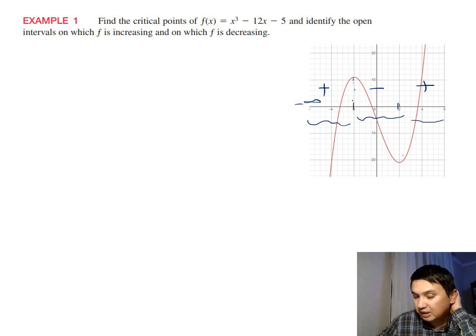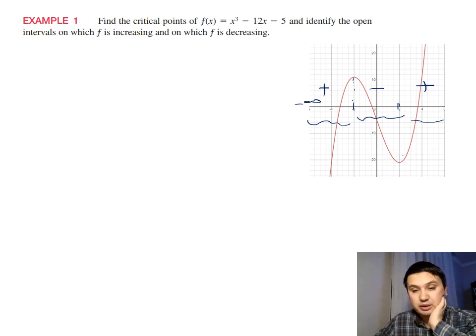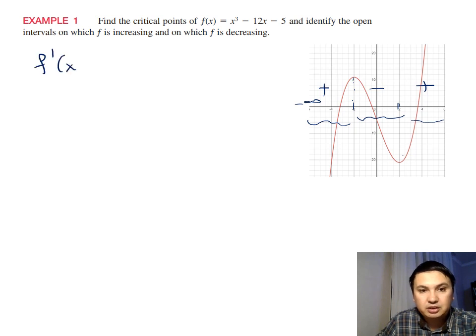So graphically, that's what we see. Now let's find out whether we can arrive at the same conclusion just by investigating the function. If the function has a positive derivative, then it's increasing. If the derivative is negative, then it's decreasing. So we have to analyze the derivative. Let's take the derivative.